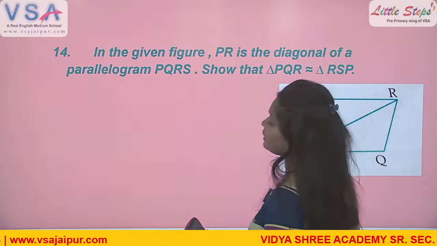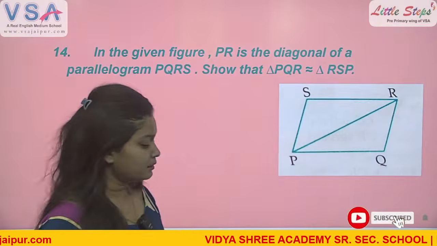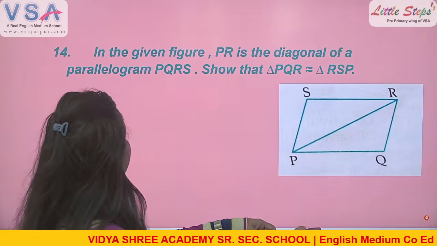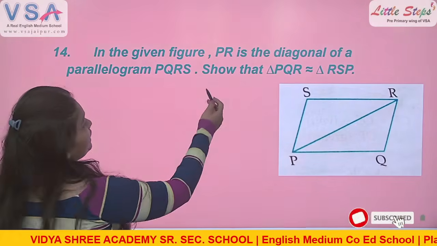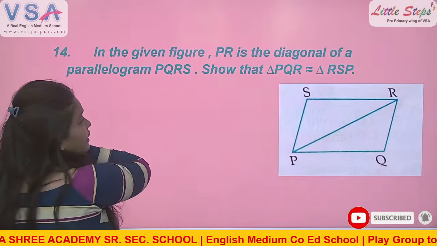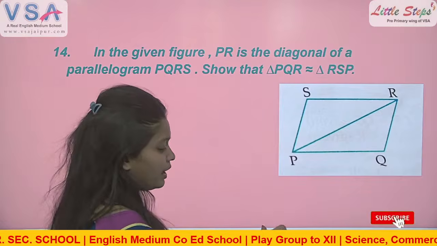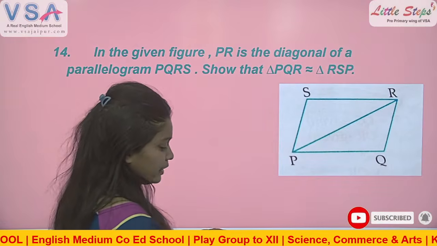In the given figure, PR is the diagonal of a parallelogram PQRS. Show that the triangle PQR is congruent to triangle RSP. Okay.